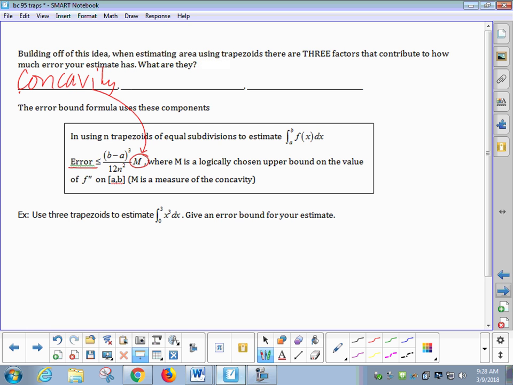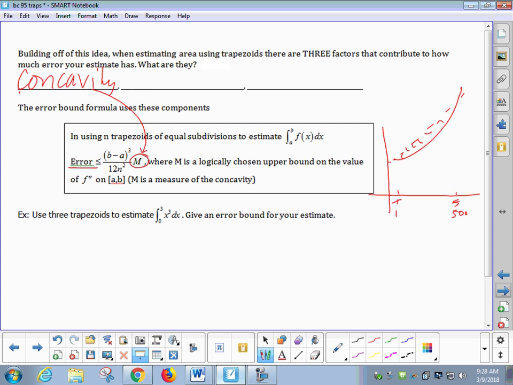What else would contribute to how much error in the estimate using trapezoids? How wide. Now, if this region went from 1 to 5, that would be a heck of a lot different error than if this went from 1 to 500. By nature of the units, the error would be totally different.